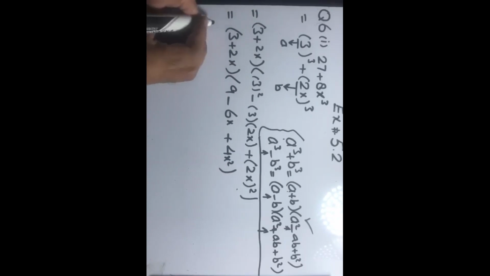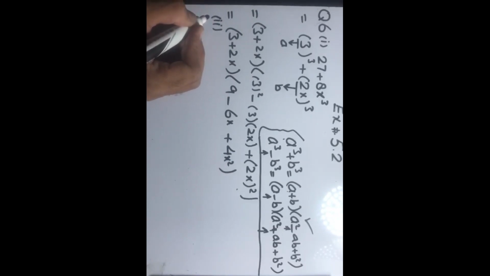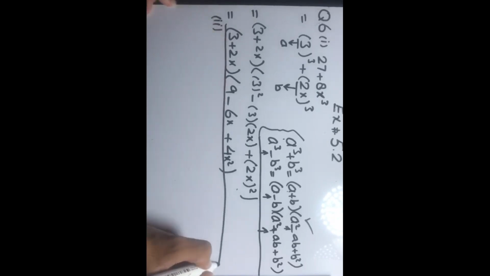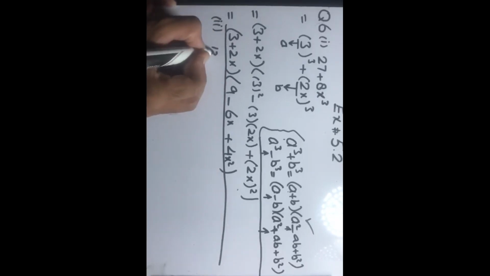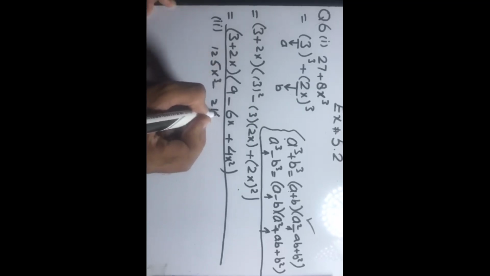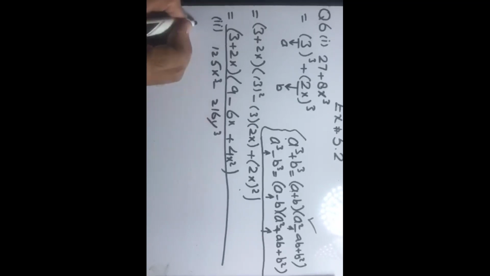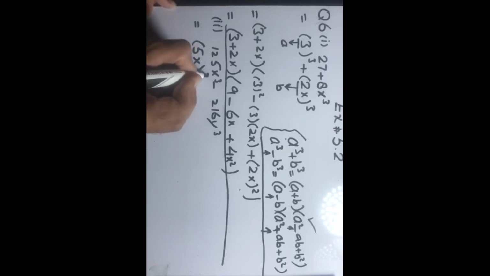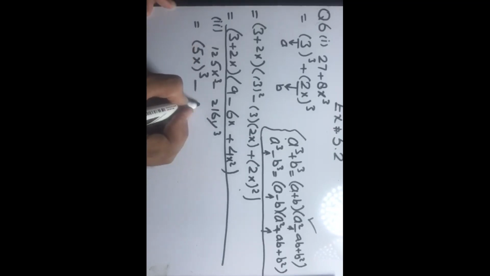In the second part, given 125x cube minus 216y cube, it can be written as: 125 is the cube of 5, so we write it like 5x whole cube minus 216, which is the cube of 6y.